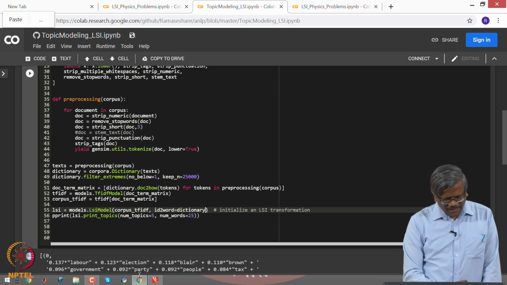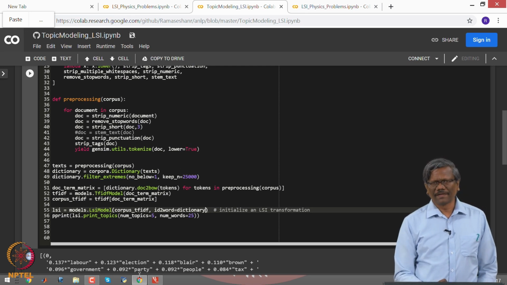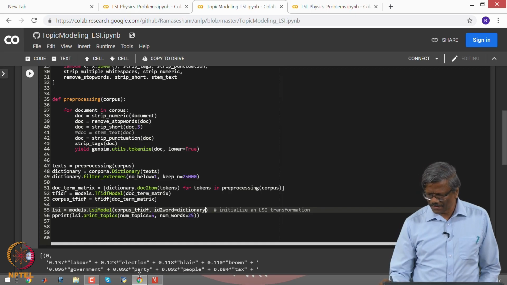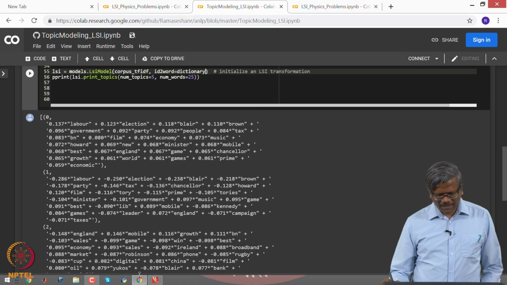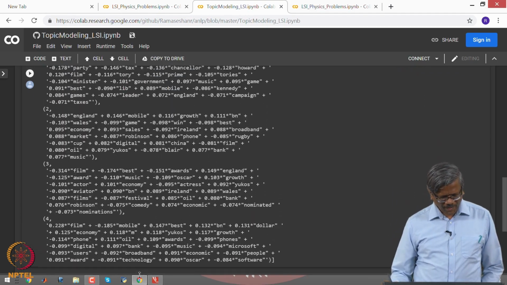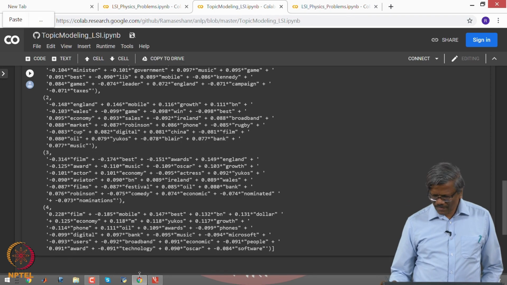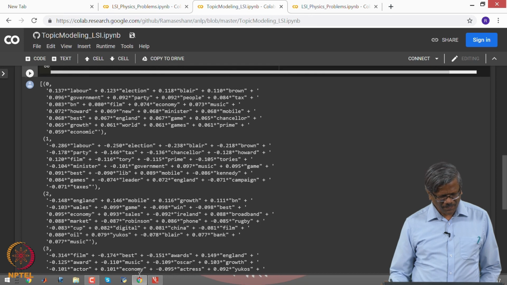Okay. And then we are going to be printing only 5 topics, and each topic will contain 25 words. So, I have computed this earlier for you, and we can find out there are 5 topics printed by this application.